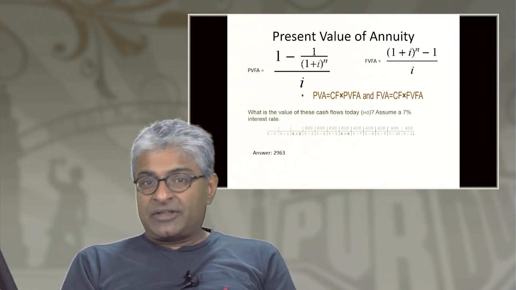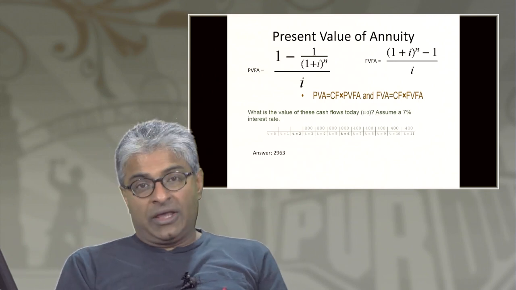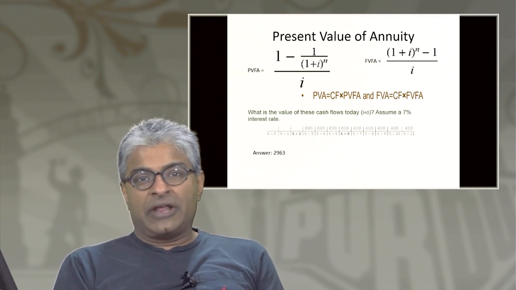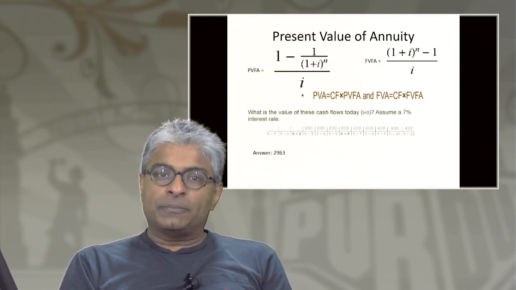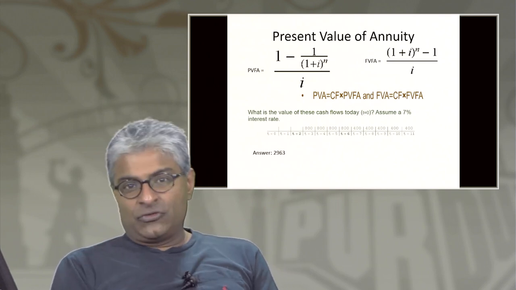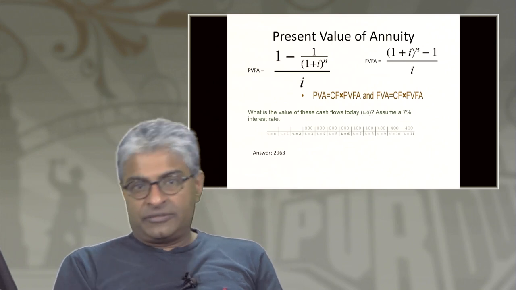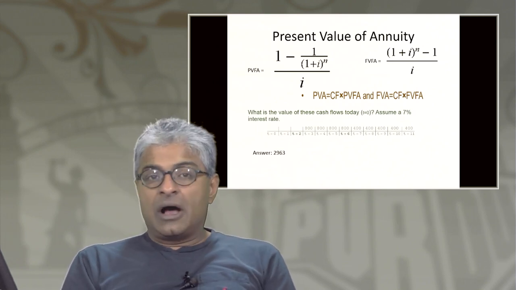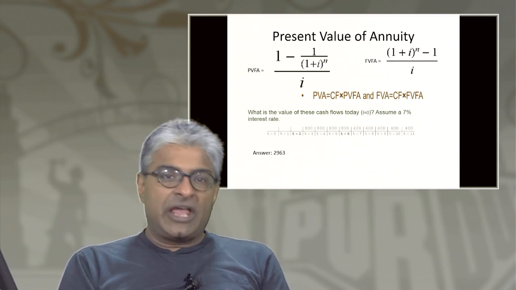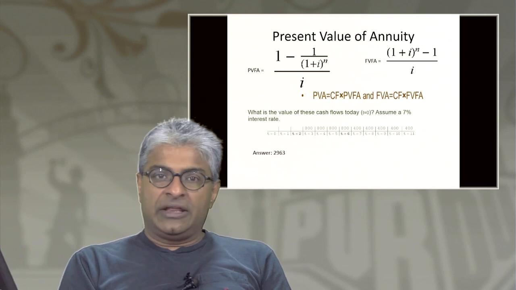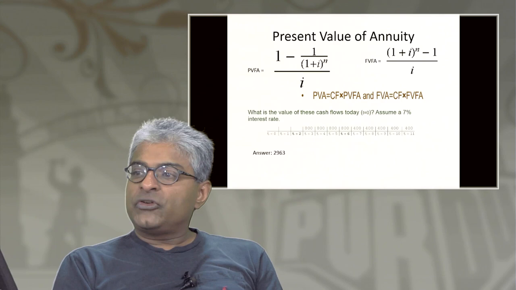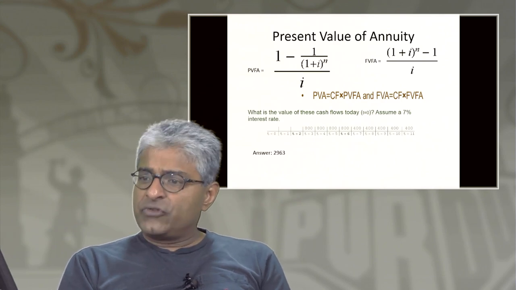But by the same token, if you learn to drive the hard way using a standard shift, then you can make the transition to automatic without a second's problem. It's the same story here. If you learn to solve these problems the hard way using the underlying formulas, then you would have no problems switching to a table or a calculator or any other way as the occasion demands, and you'll be absolutely fine.